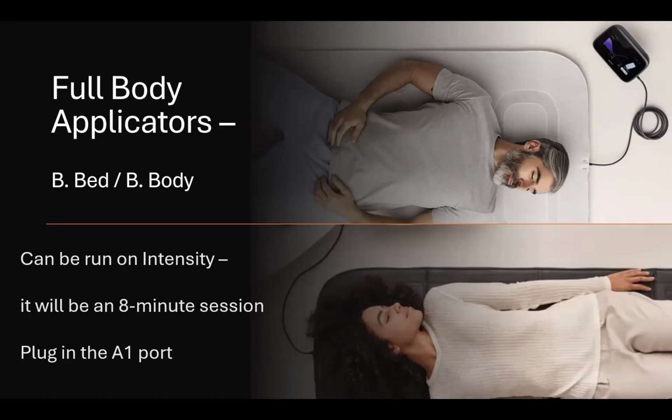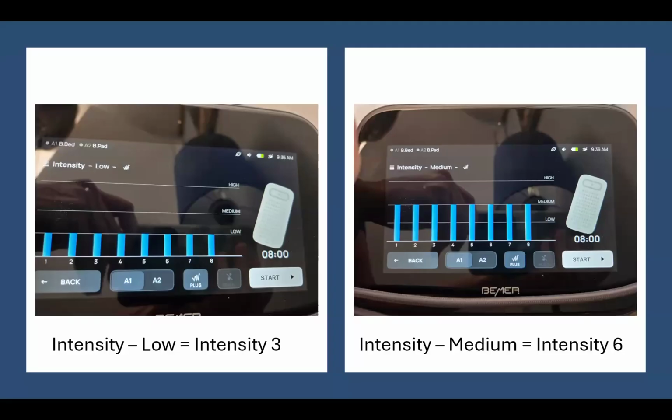As you can see, you can run either of these full body applicators on an intensity, and it will be either low or medium. It's an 8-minute session. And a lot of times what we do is we just plug it into the A1 port. You got 2 ports, 2 places to put in applicators. So we do it there. So here is a picture of what intensity low looks like.